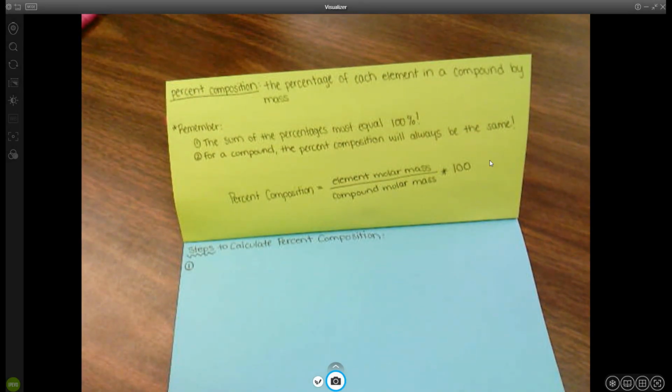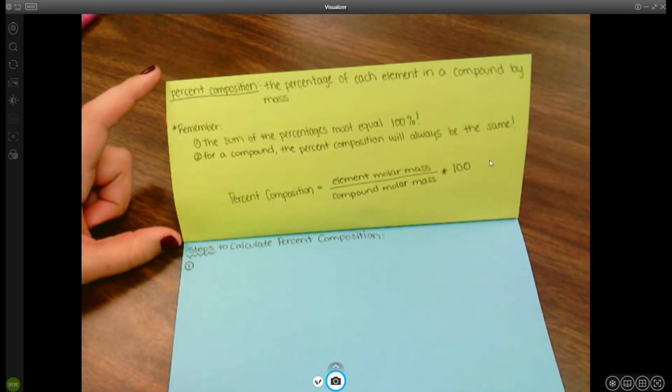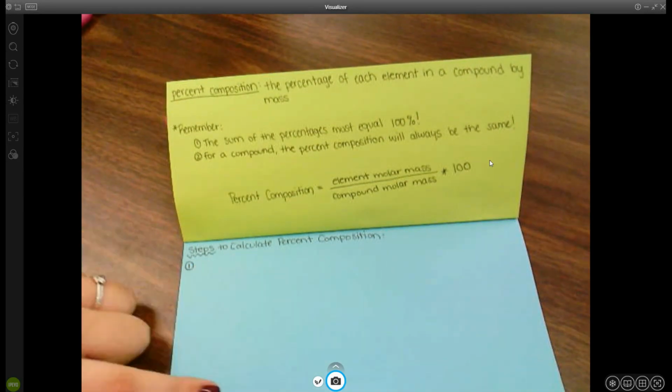There are steps to calculating percent composition, which I'm going to outline here. So, steps to calculate percent composition.